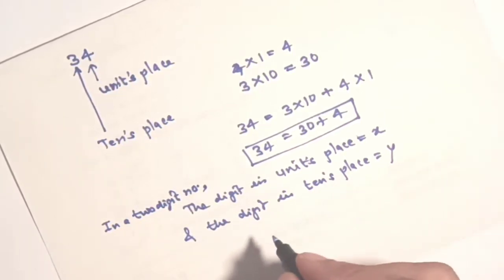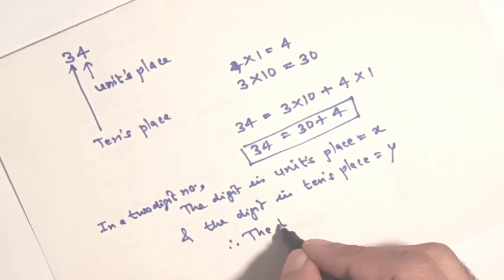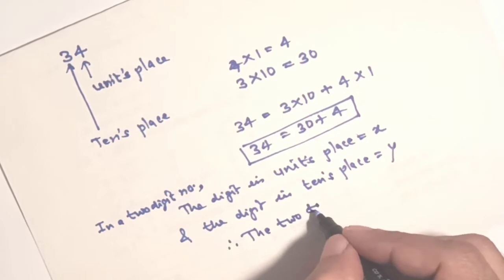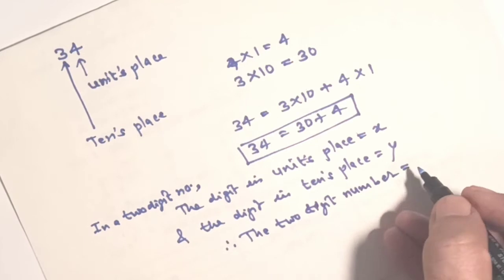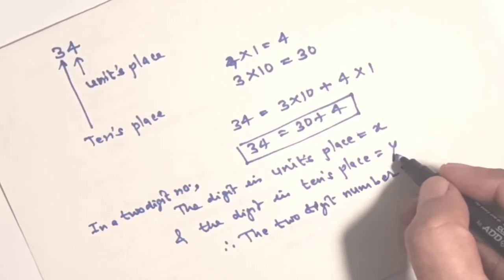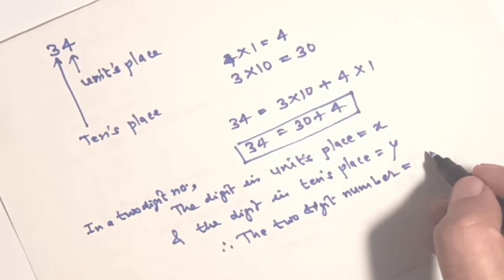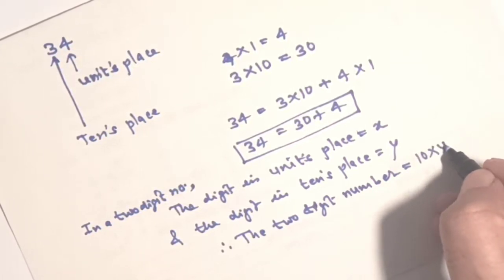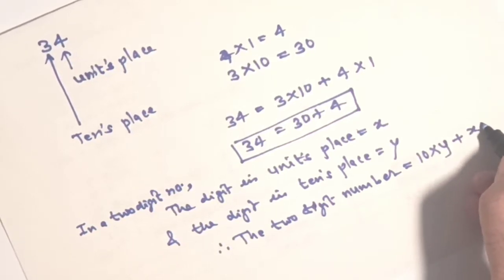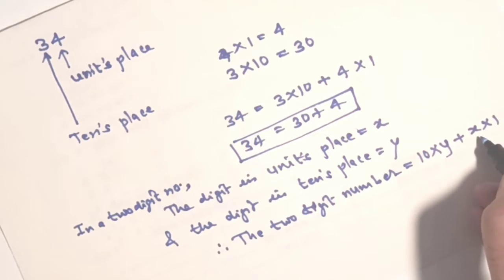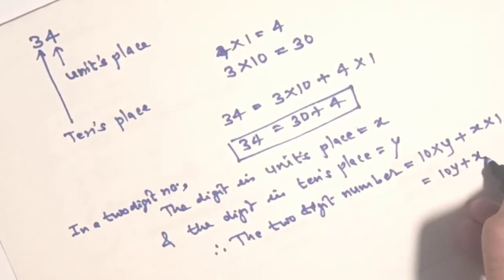Then the two-digit number will be: tens place is y, so face value is y and place value will be 10 into y, 10y, and units place will be x into 1 because it is at units place. So it will be 10y plus x.